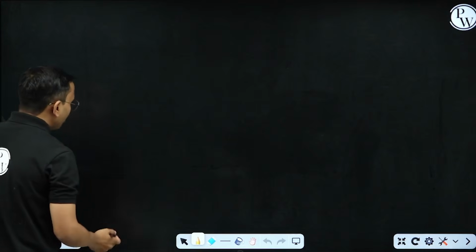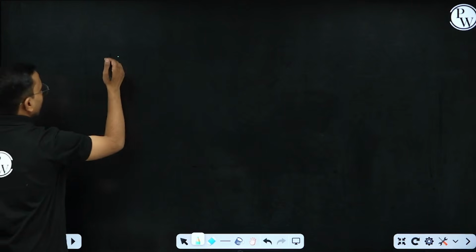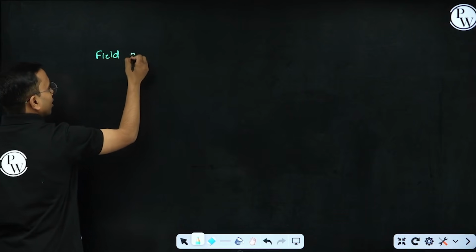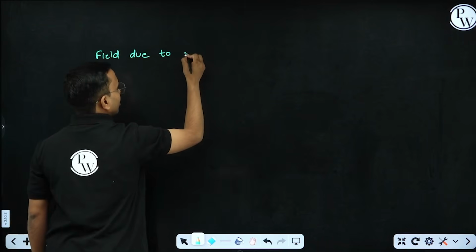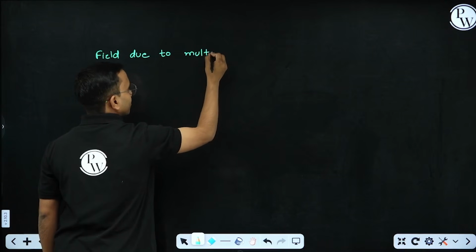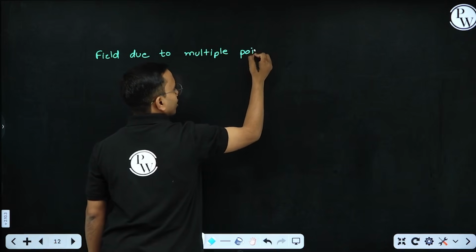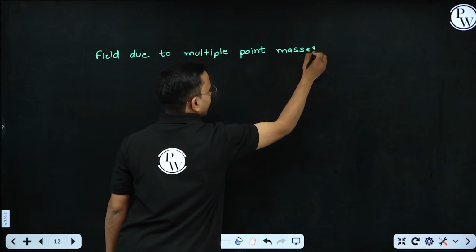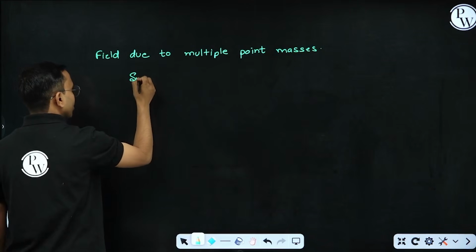So for multiple masses, if I say field due to multiple point masses, what will we use? We will use again principle of superposition.